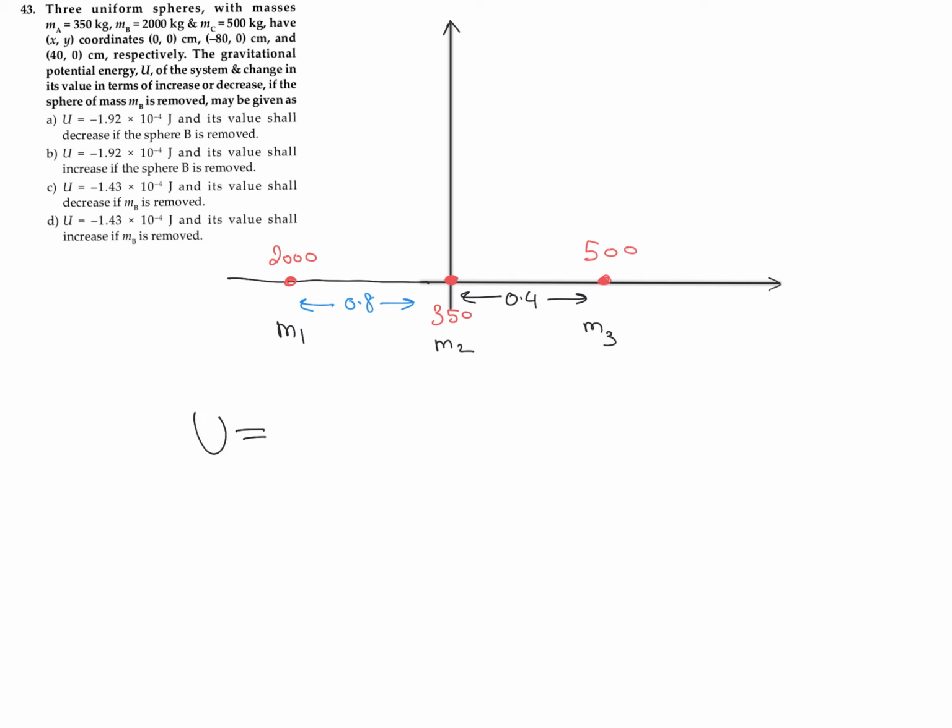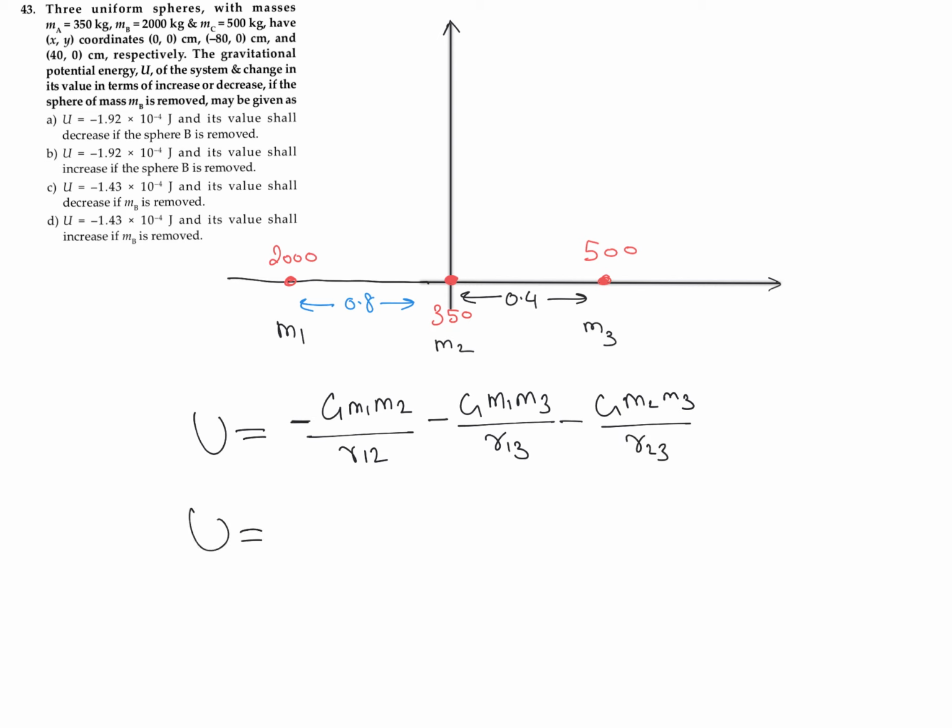That means due to m1 and m2 there is a potential energy of minus G m1 m2 divided by the distance between them, r12. Similarly, due to m1 and m3, the system has a potential energy of minus G m1 m3 divided by r13, where r13 is the distance between m1 and m3. Like that, there will be potential energy between m2 and m3, which we can write as minus G m2 m3 divided by r23.